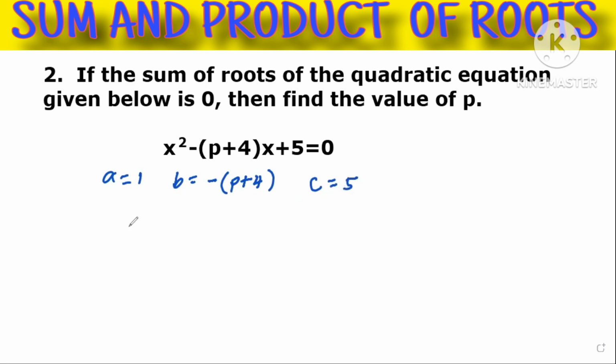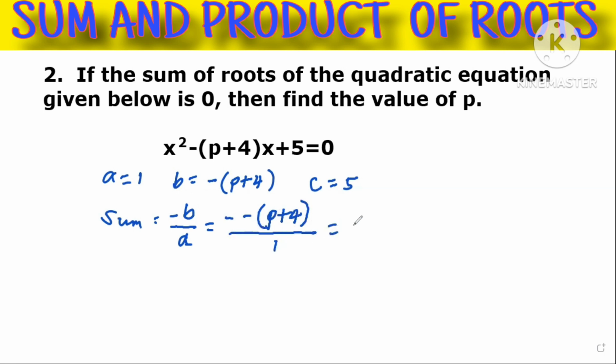Now, since the sum of the roots is given, we have the formula negative B over A. So all we have to do is to substitute the given values of B and A. So since B is equal to negative of P plus 4, then the sum is negative of P plus 4 over A, which is equal to 1.